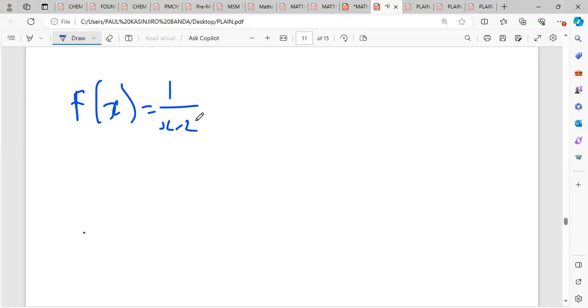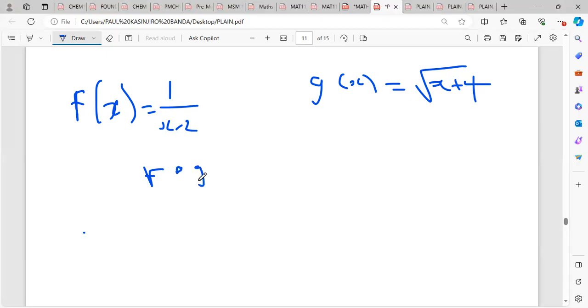That was my function. Then what was my g? My g of x is equal to the square root of x plus 4. Then now we are finding f of g. So f of g, that's what we are finding there.